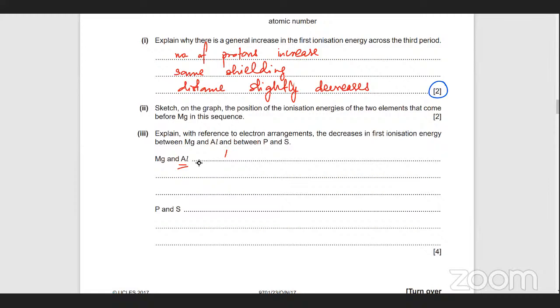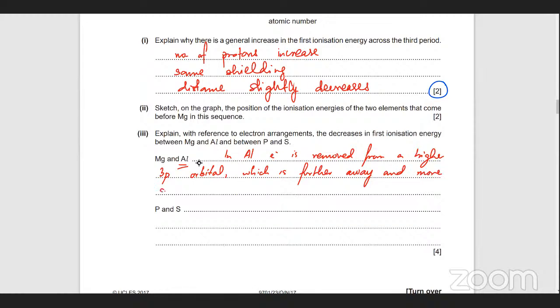ठीक है. ये पहला point तो ये लिखोगे: in Al, electron is removed, बल्कि उसके साथ ही लिख लेते हैं, removed from a higher energy 3p orbital, I think, which is further away and more shielded. और फिर वो एक उसका भी लिख दो Mg का.